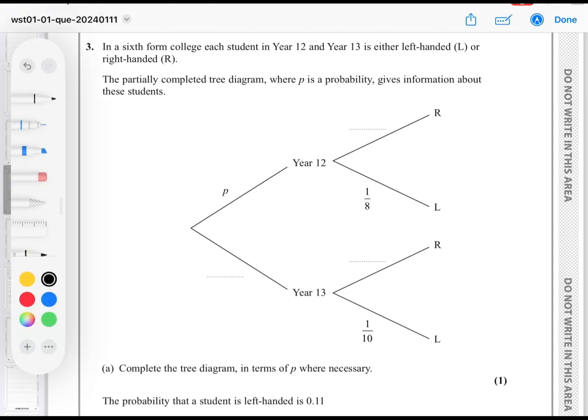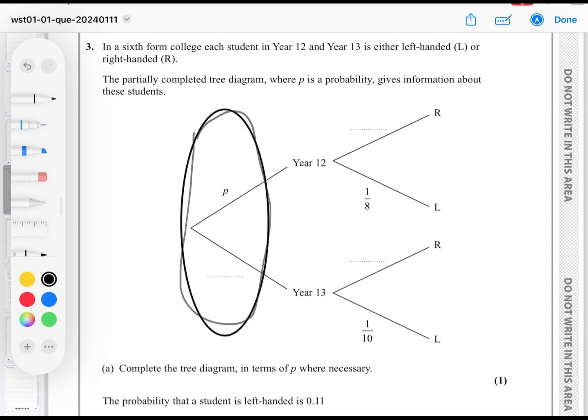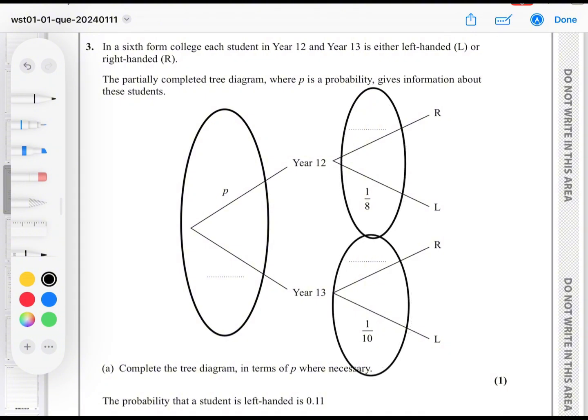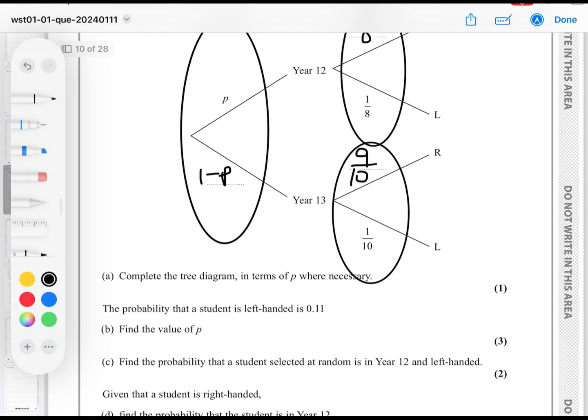The concept behind the probability is that whatever probabilities you have at each branch will add up to 1. So here the answer is 1 minus P; we have 1/8 here, so this will be 7/8, and this will be 9/10. This was pretty straightforward.